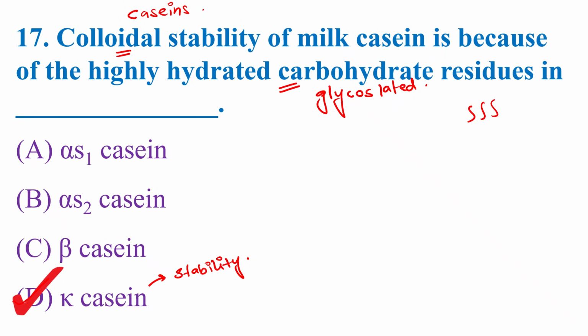Now if this kappa casein were not there, what will happen? It would aggregate, and it will aggregate because of the hydrophobic interactions. So kappa casein prevents them from this aggregation.